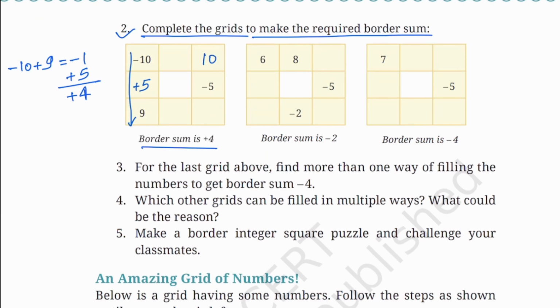For example, I am filling 10 here. So you have to fill 4 here such that these 3 add to give 4. Similarly, 10 minus 5 is equal to 5 and 5 minus 1 is equal to 4.